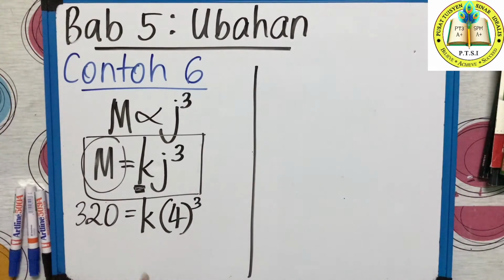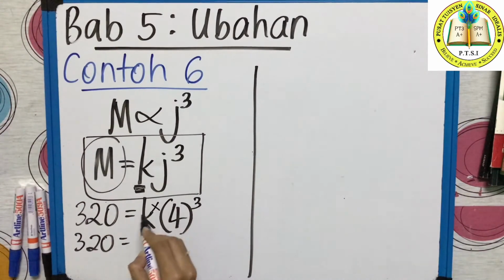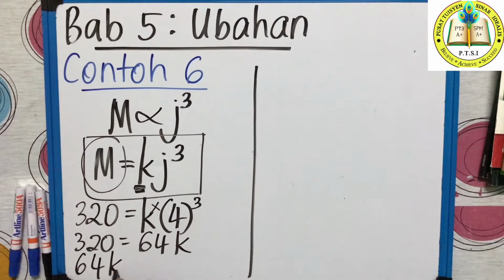You find the K. Now how to solve the K? Very easy. Okay, 320 equal. Okay, 4 kuasa 3. You can press your calculator 4 cube. You will get 64. So when you times, you will get 64K. So sekarang kamu nak cari nilai K. You can swap if you want. So it will be 64K sama dengan 320.